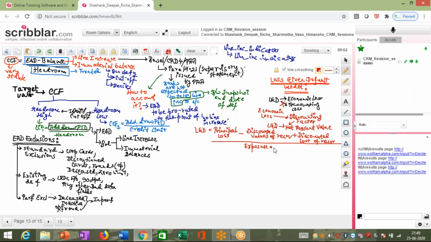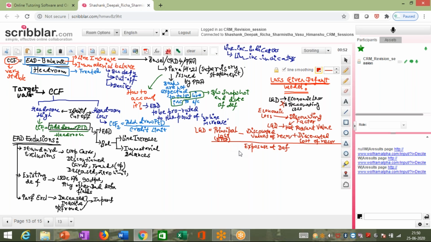This principal loss that I'm talking about over here is nothing but your EAD. The EAD minus the discounted value of the recovery plus the cost of recovery that has been incurred, that becomes your LGD.